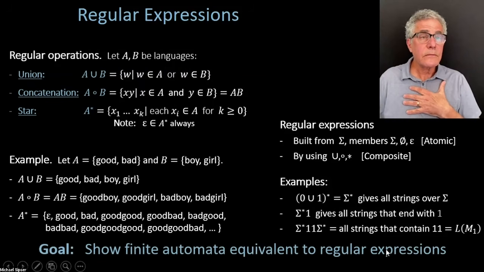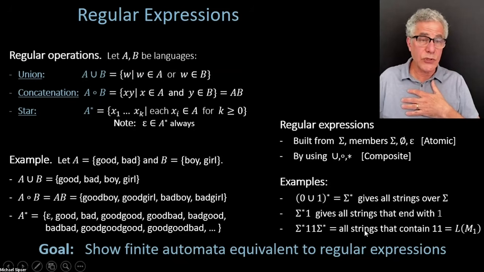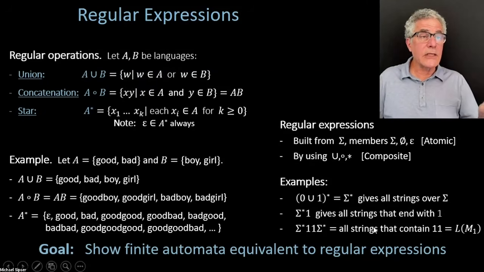Our goal here: it is not an accident that sigma star 1 1 sigma star happens to be the same language as we saw before from the finite automaton M1. That's a general phenomenon. Anything you can do with a regular expression, you can also do with a finite automaton and vice versa. They are equivalent in power with respect to the class of languages they describe, and that's what we'll prove.